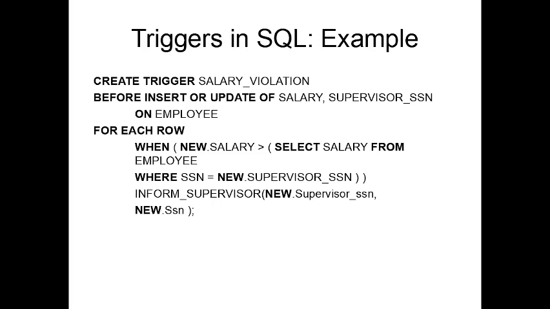So, we need to check all this. We can write this as a trigger. Here, for example, we can use salary violation as a trigger. So, create trigger, and the trigger name is salary violation.